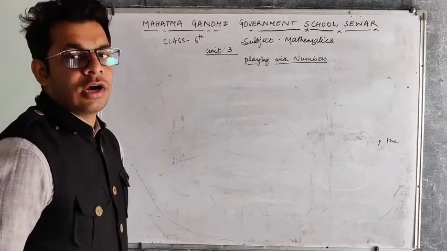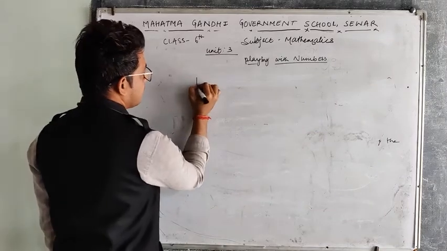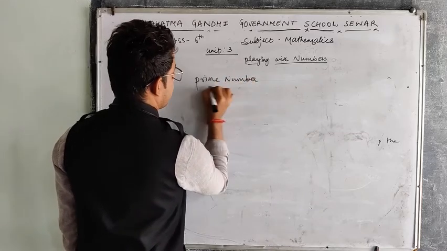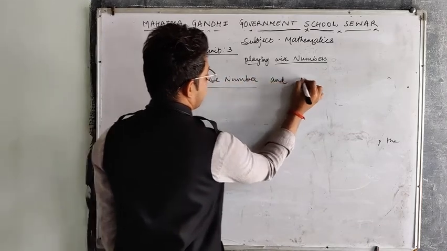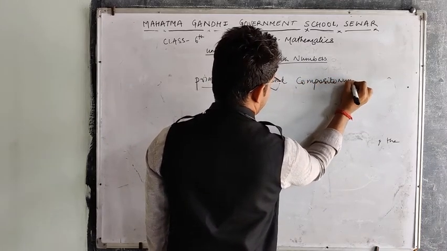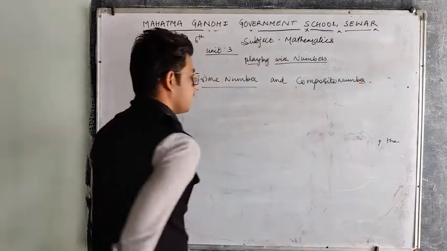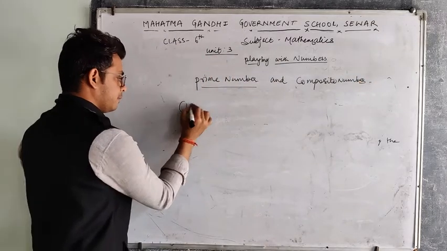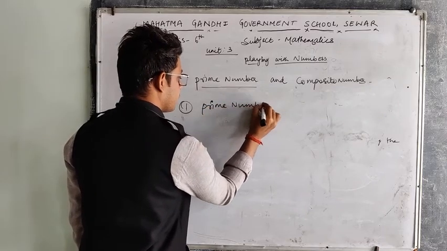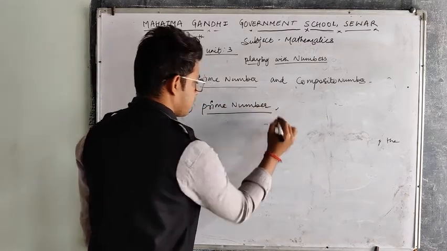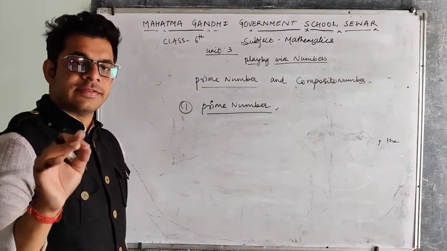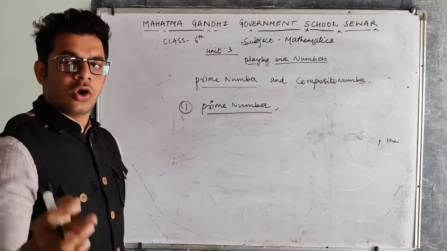Now we will talk about prime numbers and composite numbers. What is a prime number? Any number which is divisible by either 1 or itself.